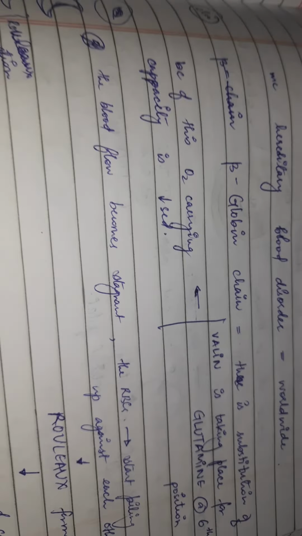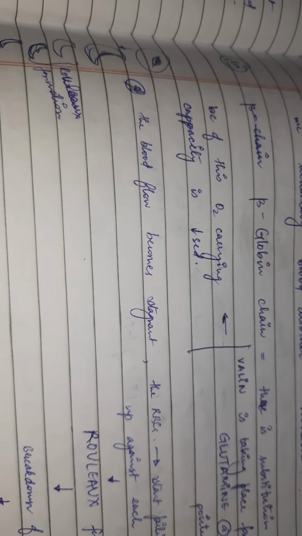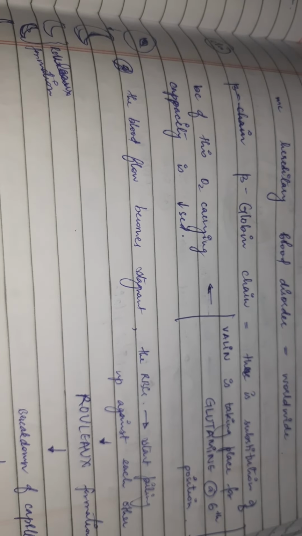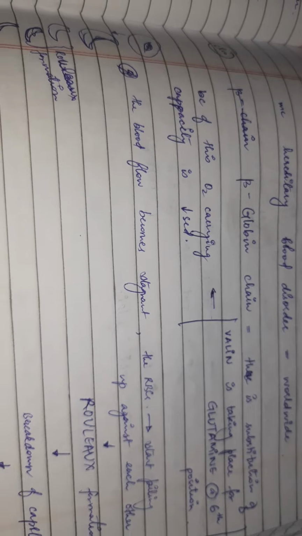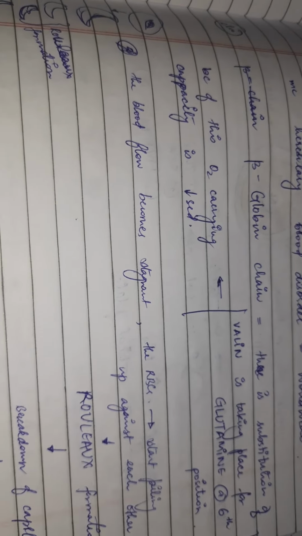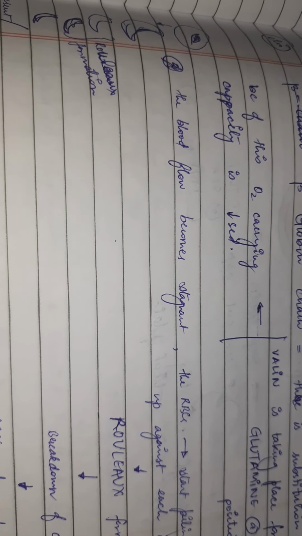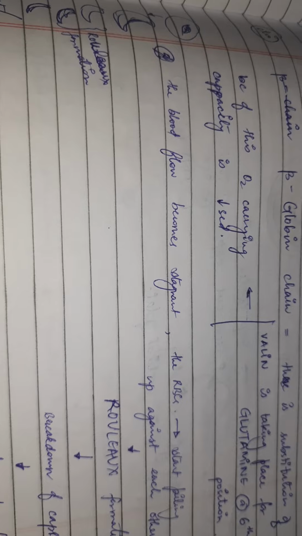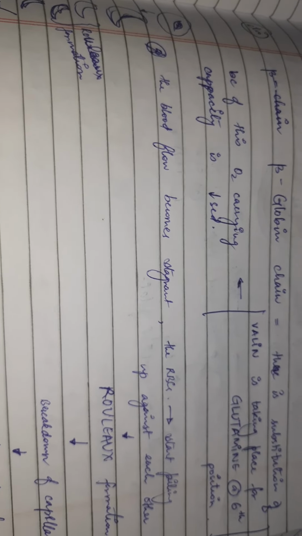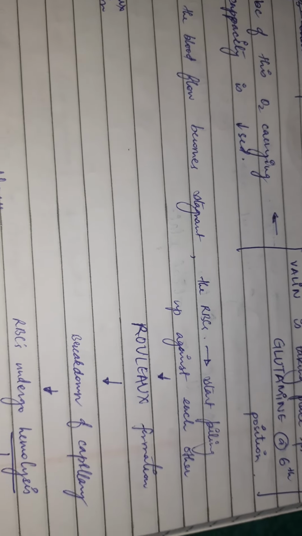Because of this substitution of valine for glutamine at the sixth position, the oxygen carrying capacity is decreased, and the blood flow becomes stagnant there. The RBCs start piling up against each other.